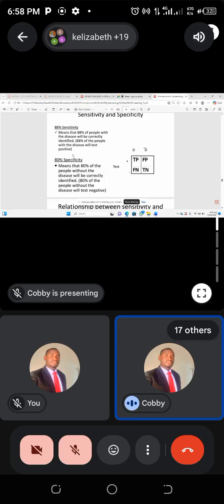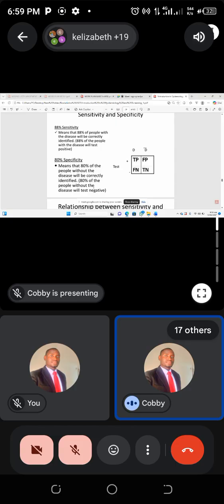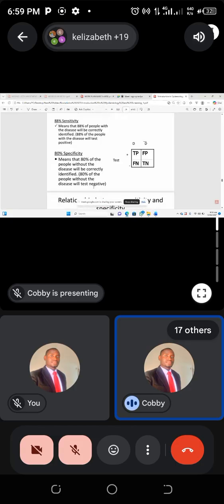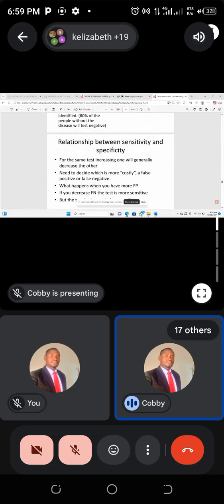Then you have 80% specificity. It means that 80% of the people without the disease will be correctly identified, or will test negative. That means 20% of them are going to test positive when actually they don't have the disease, and these are the ones that we call false positives.